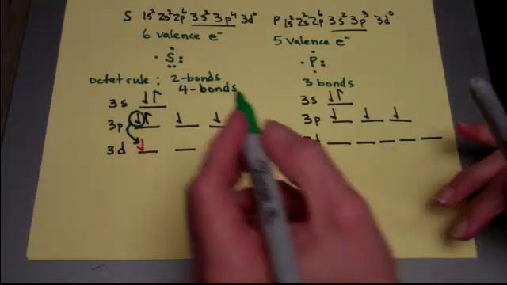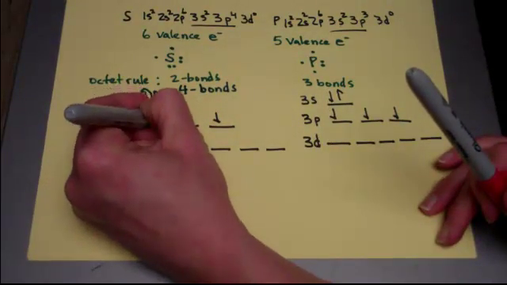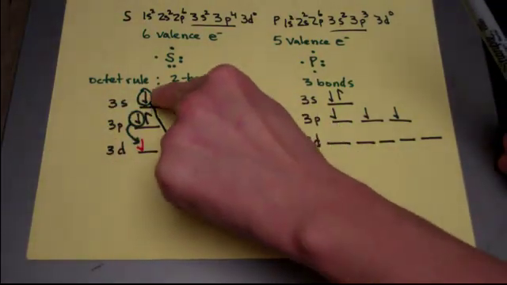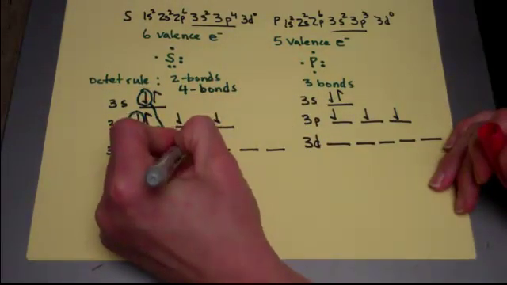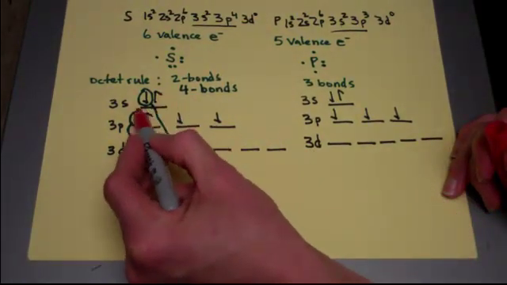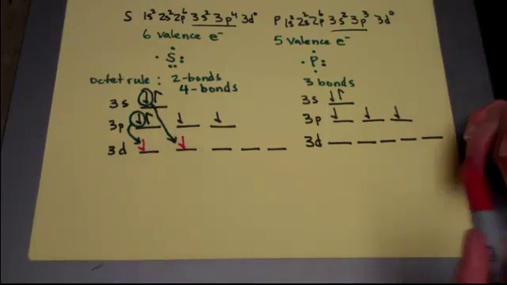We could also split this other pair up and use another empty d orbital. It's like saying, I'm tired of being paired with you, I'm going to go to a different apartment. So this one comes down and wants to live alone. Now this one is available for bonding, and this electron is also available for bonding.